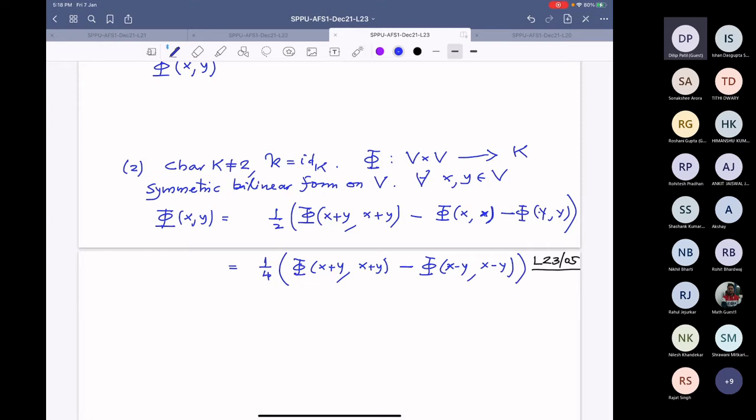And that is why you remember this assumption. Why do I keep saying I wanted this? This assumption is very important for studying symmetric bilinear forms. Otherwise, things will go wrong.